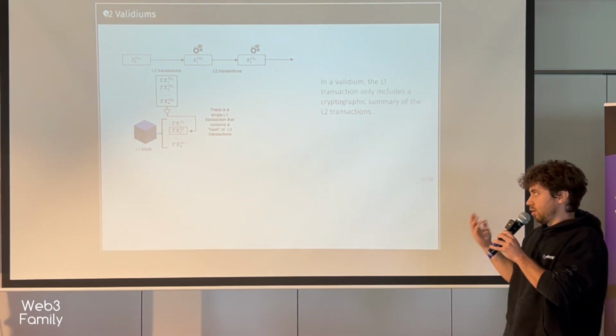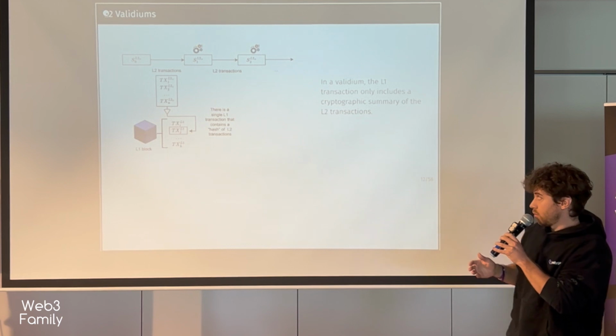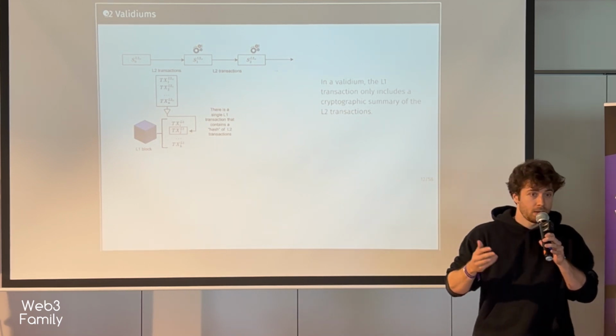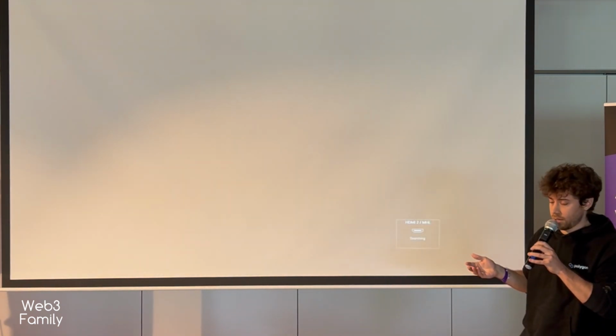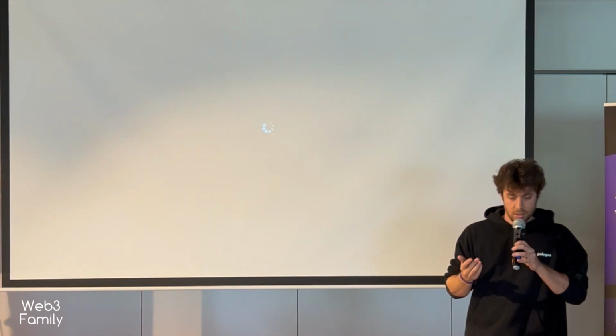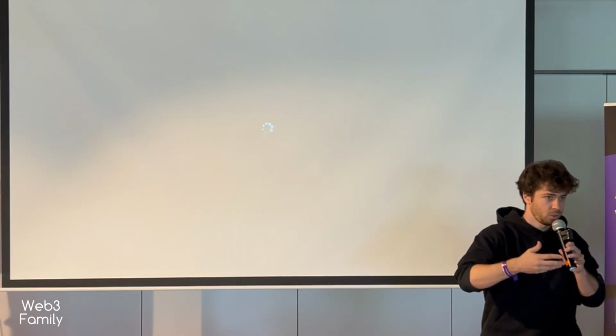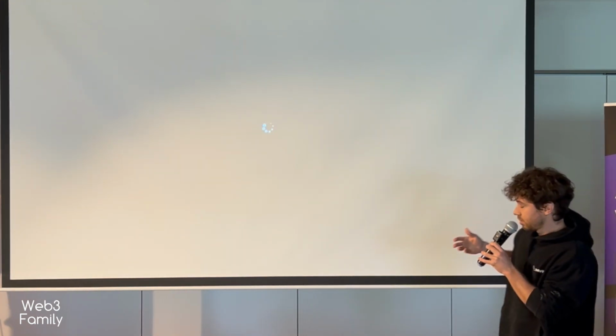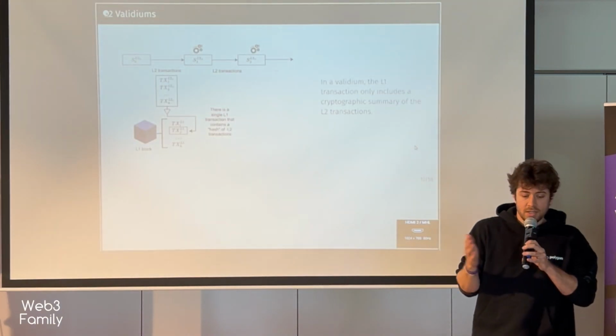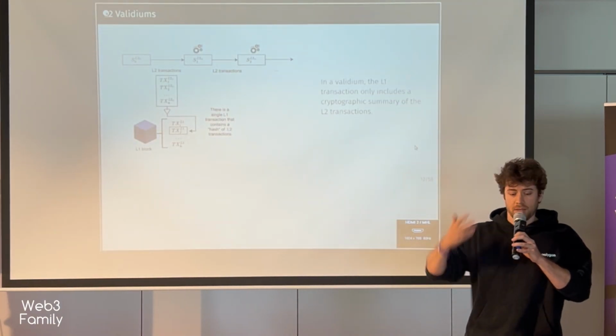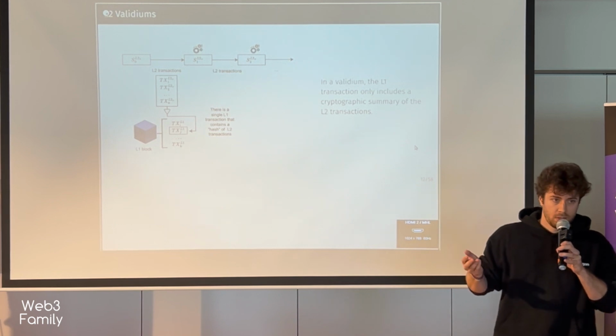This is not as decentralized as the other approach, but it's very, very cheap in comparison with a rollup. As you can see, when we are trying to make an L2 and we have to face the different decisions, we are also facing the blockchain trilemma that Vitalik talked about.